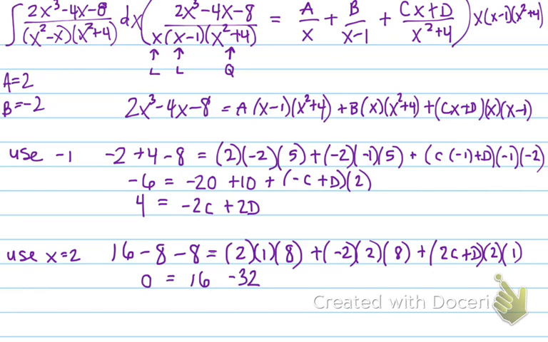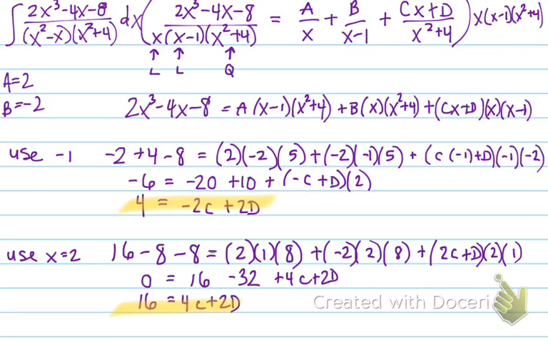And then if I distribute the 2 into the 2c plus d, I get plus 4c plus 2d. So let's move the constants over to the other side. I have 16 minus 32, that's negative 16. So if I add that to the other side, I get 16 equals 4c plus 2d.